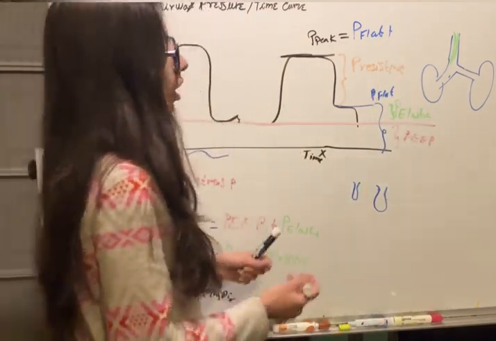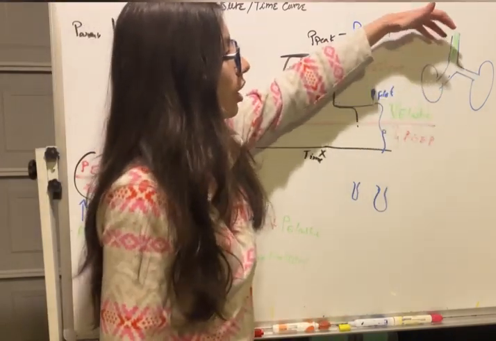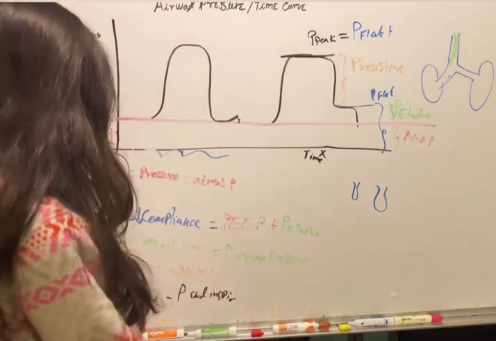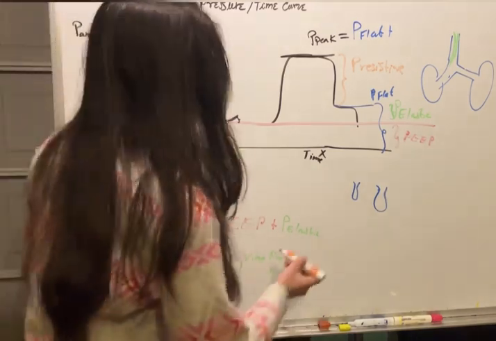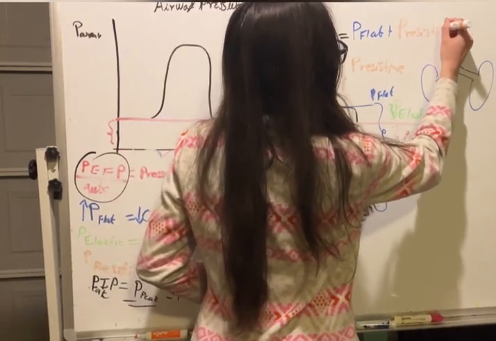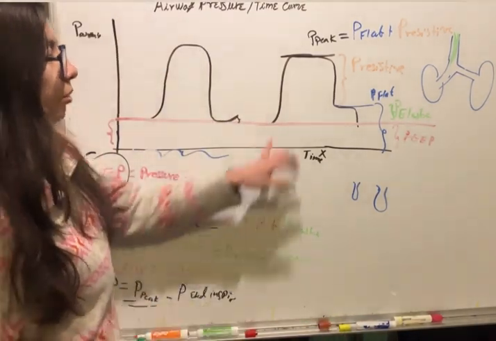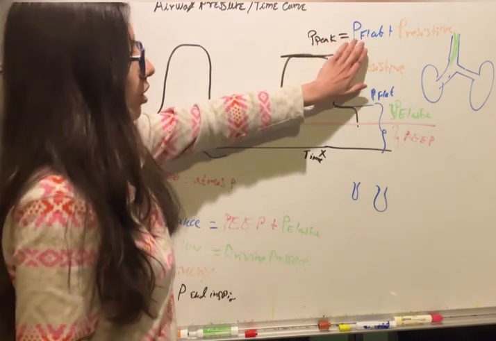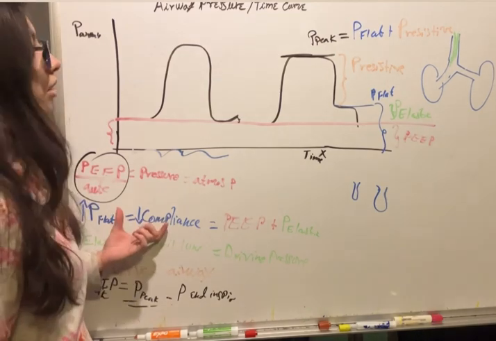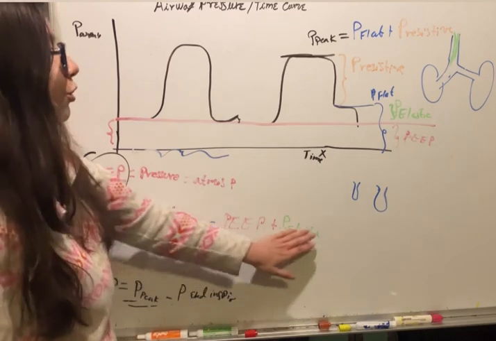plus the resistance that we have here in the air. So how difficult it is for the air to get inside the lung. So plus the resistive pressure. So the peak inspiratory pressure, or the pressure at the end of inspiration, is equal to the flat pressure plus the resistive pressure. And we said that the flat pressure is equal to the positive end-expiratory pressure plus the elastic pressure.